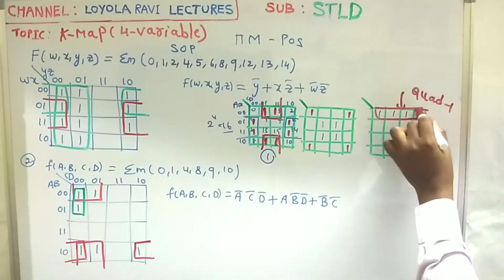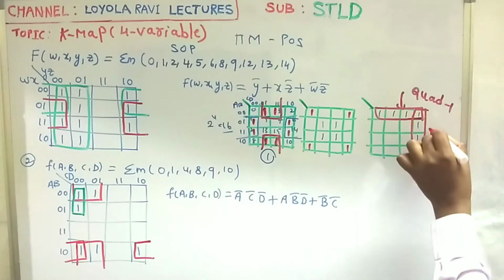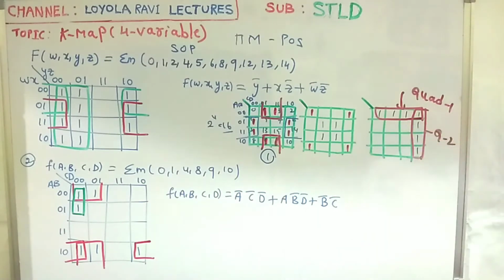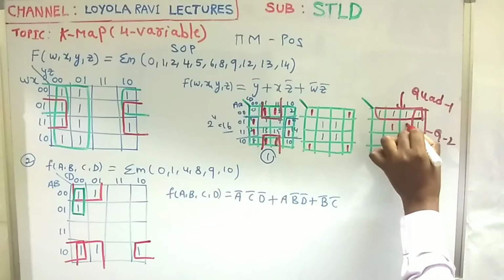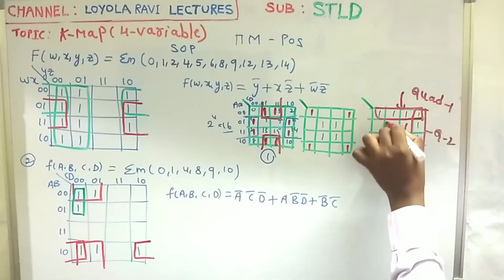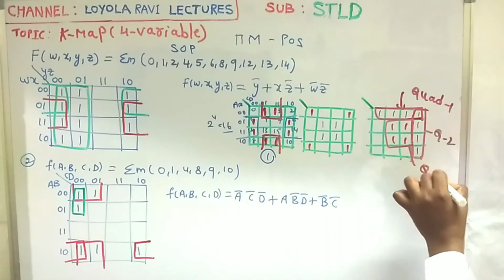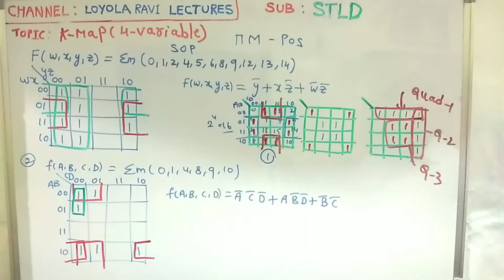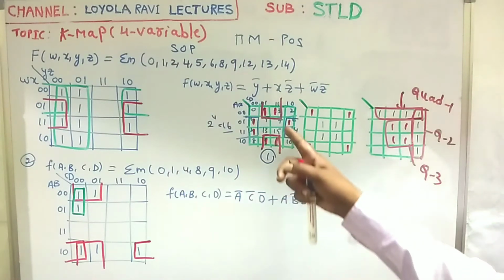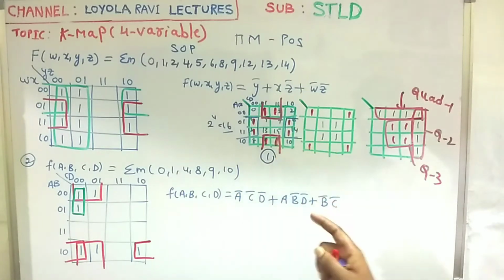In the same manner, vertically adjacent ones. This is quad 2. For example, 4 ones like this is also a quad. These are the possible quads. 4 adjacent ones are nothing but a quad.